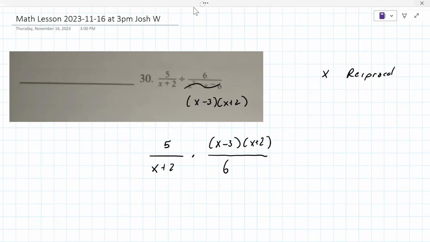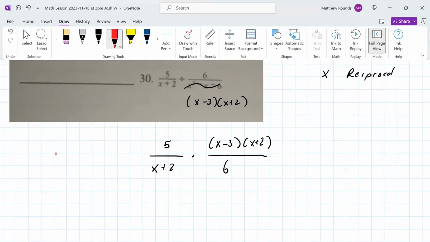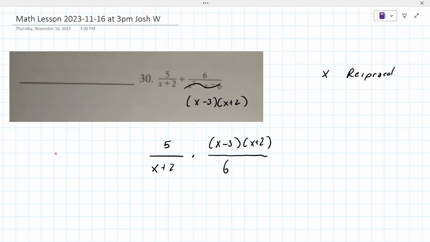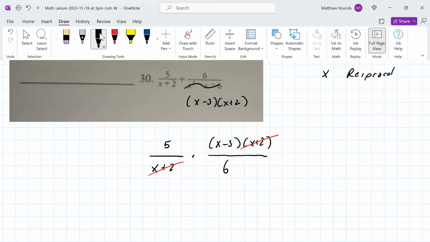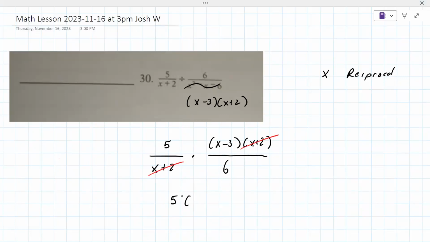And then do you see any cancellations? Anything that's the same in the top and the bottom? The x plus 2. So those do cancel, and you're left with 5 times x minus 3 over 6. You typically leave it in this factored form.